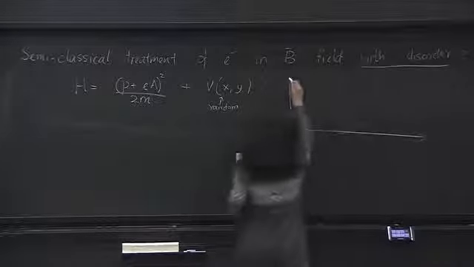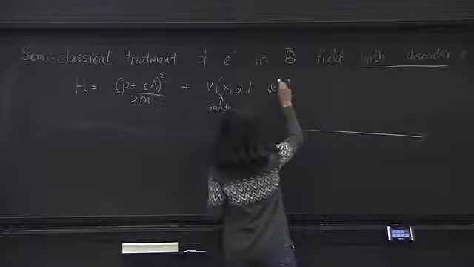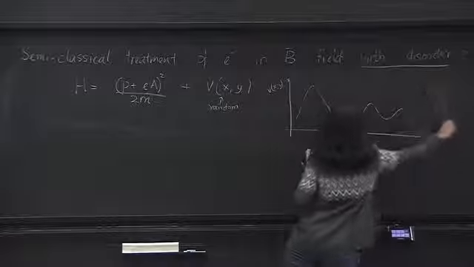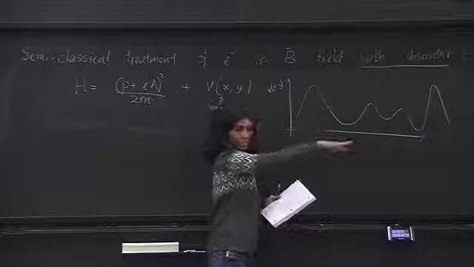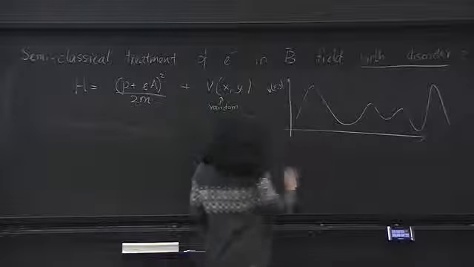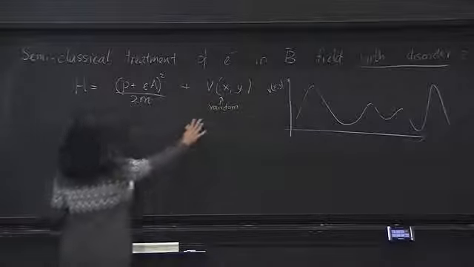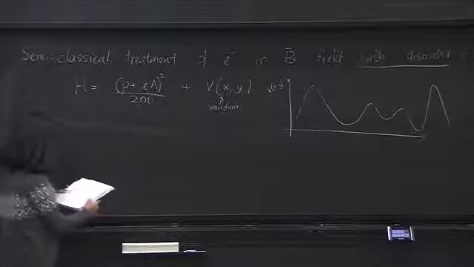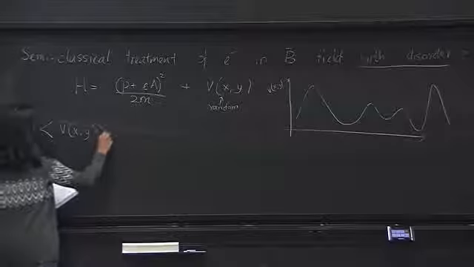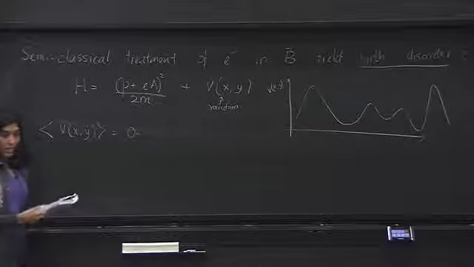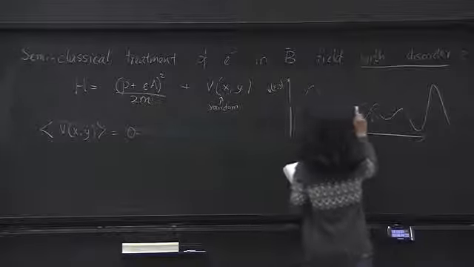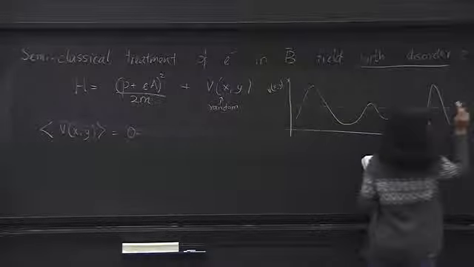So pictorially, we imagine that, say versus x, there's something like that, hills and valleys in my potential landscape. And so some properties of this random landscape: on average, there's no potential, so this is about 0.